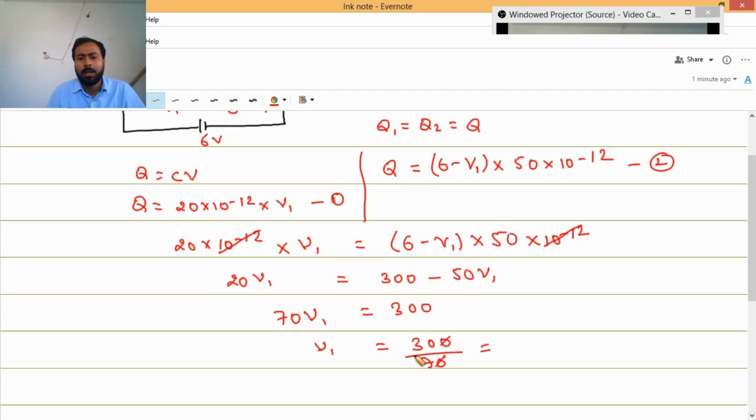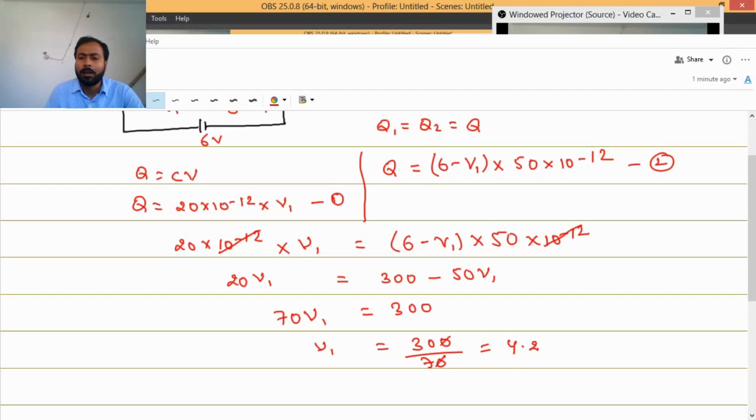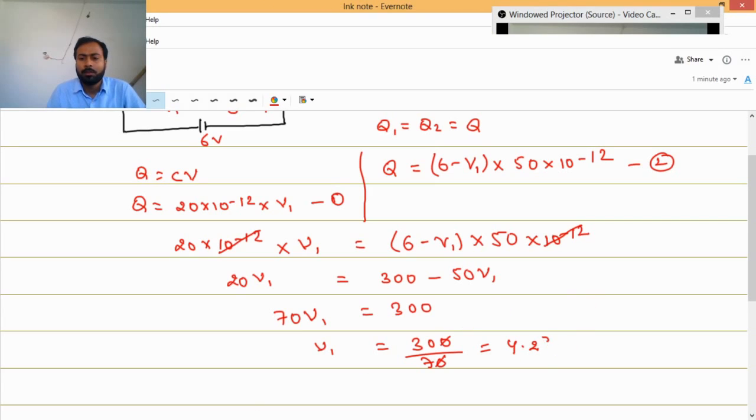It will be 4.28, approximately. Let us find out the third figure as well. Yes, it is 4 only.